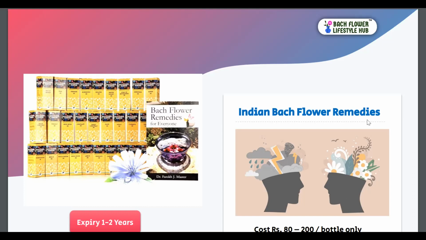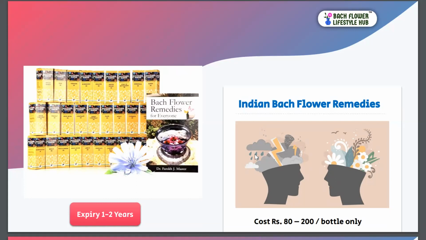If we buy 2 to 4 bottles for certain issues we are having, or maybe for our clients, the cost goes around 100 to 200 rupees, not more than that. It lasts for a month, so it can be very affordable for all of us in case we are not opting for the original remedies. So these Indian remedies are very cheap, but both the Indian and original remedies work well, and they help our mind to get positive.